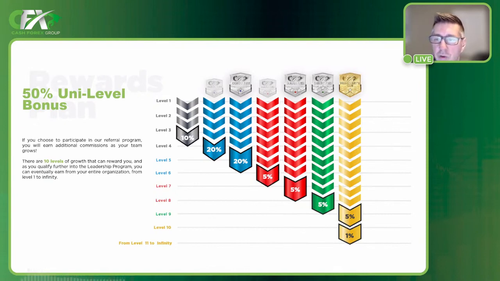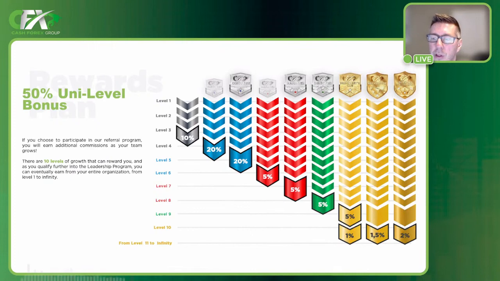What's interesting also, if you take a look at President's Club, Ambassador, and Global Ambassador, there's also something called a global bonus. And where this is very important is it gives you the ability to turn a 10-level unilevel bonus into an unlimited unilevel bonus. In other words, in a platform as simple as this, you'll find that friends tend to share this quite easily and quite effectively.